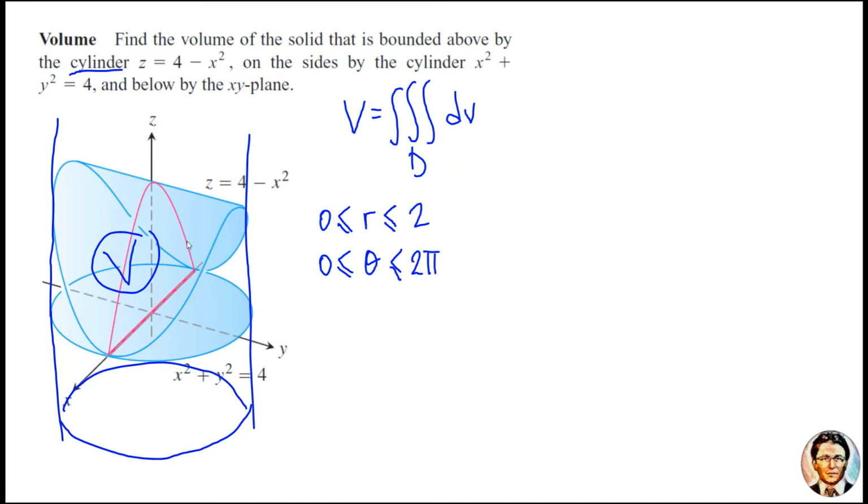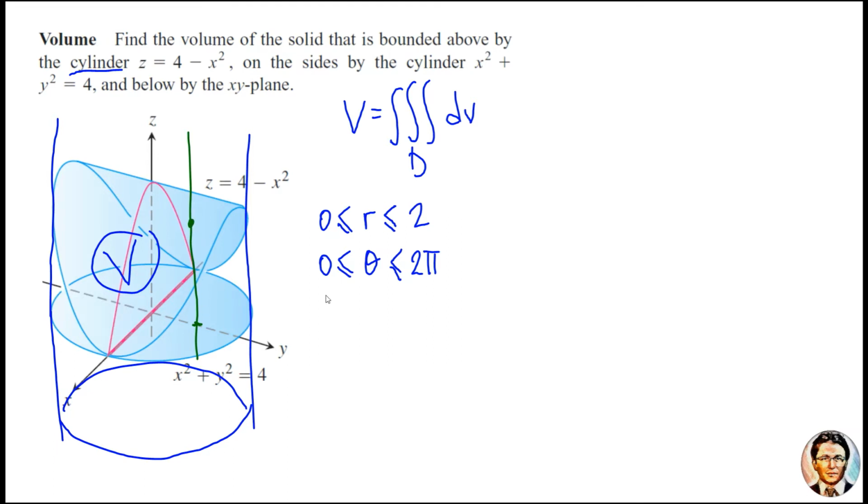What about z? If you sketch a line parallel to the z-axis, z is between the xy plane and the cylinder for any point.